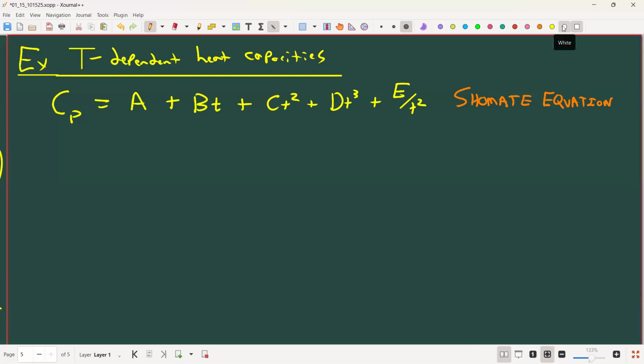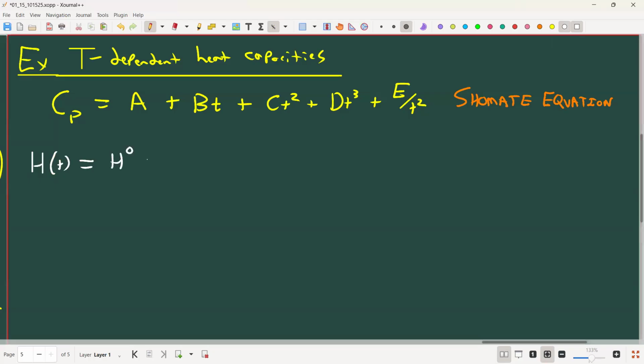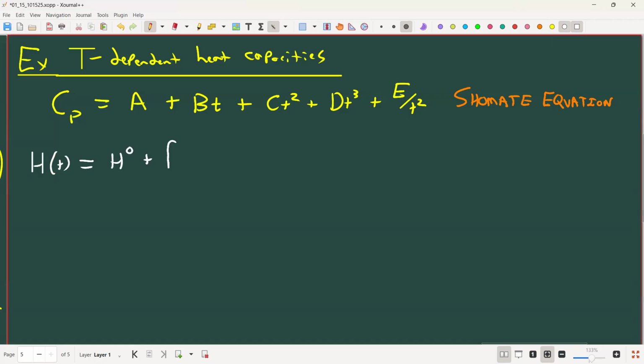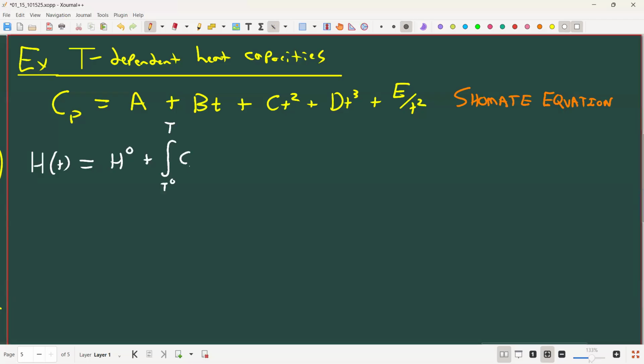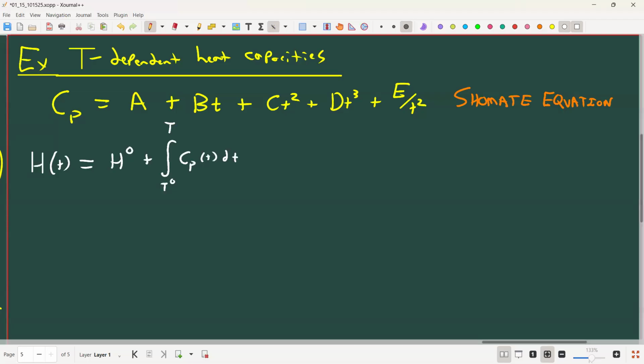And if we go back to our last class, we showed that the enthalpy at some temperature is equal to the enthalpy at standard conditions plus the integral from our standard temperature to our final temperature T of the heat capacity, which is a function of T, dT.